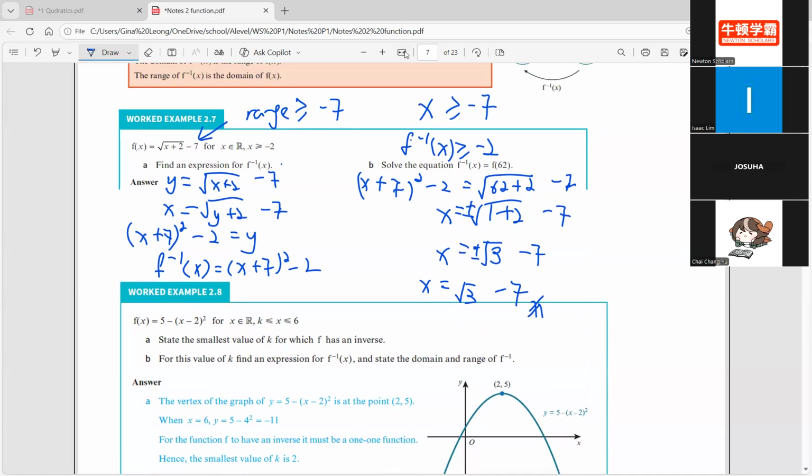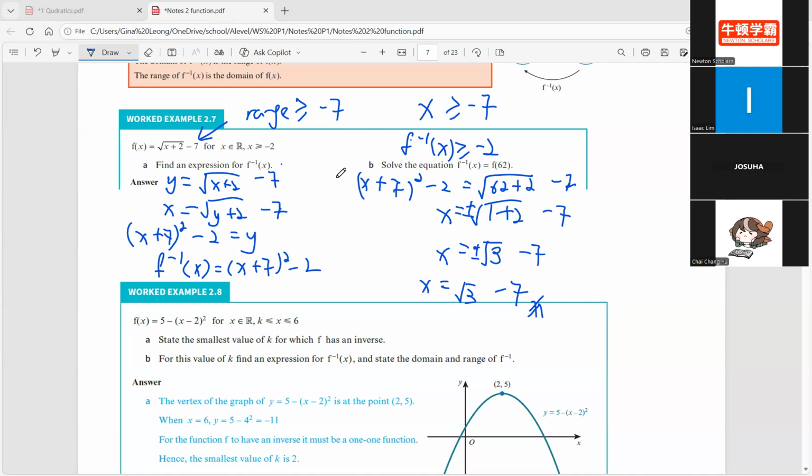A bit confused about which part is the domain and the range. Yeah, it's like this. When you have the inverse, you have to be careful. Either inverse or composite, range and domain are also confusing, because we need to consider both sides.